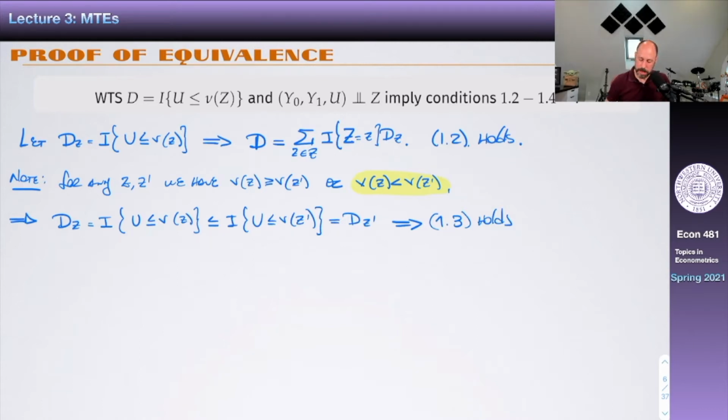And then last one for 1.4, we have the following. Just take the collection of all these potential treatments, and this is the collection of all the indicators u less than or equal to b of little z.